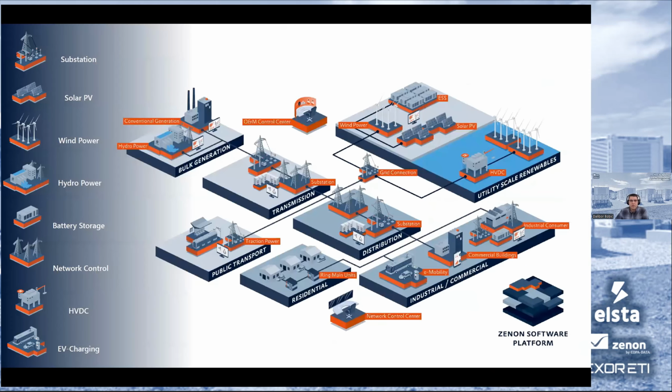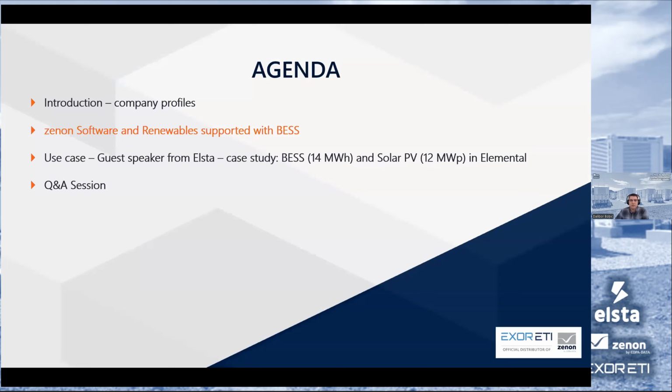Bringing up the energy topic today, we can cover most of the energy areas such as substations, grid connections, renewables, starting with solar PVs, wind power, battery storage systems, and also in the commercial sector, there are e-mobility, commercial buildings, industrial consumers, traction power for public transport, also hydropower plants, conventional generation plants, and so on. But we will dive into more details further.